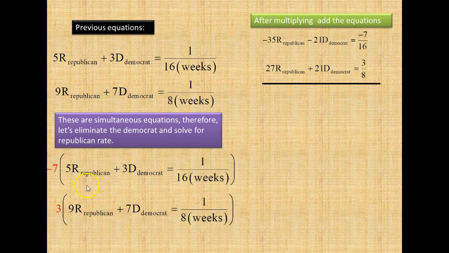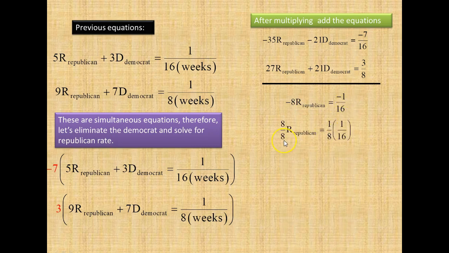In the bottom equation, we multiply 3 times 9 is 27, 3 times 7 is 21, and 3 times 1 is 3. When we add these two equations together, the Democrat drops out. And we get -8 times the Republican rate is equal to -1 over 16.